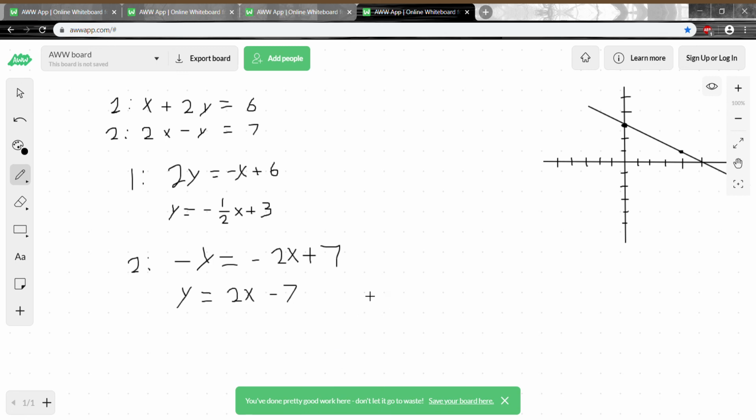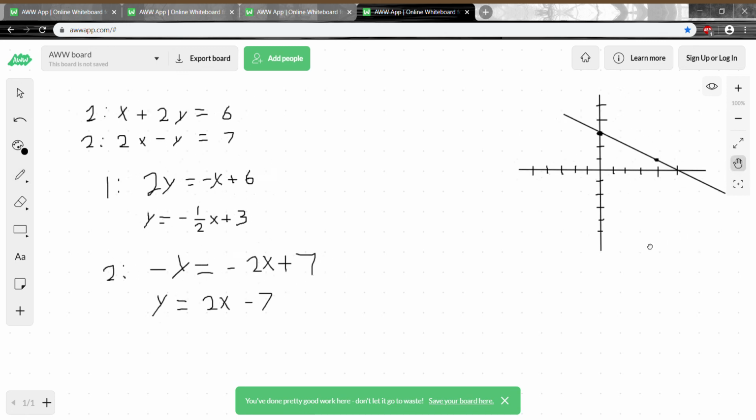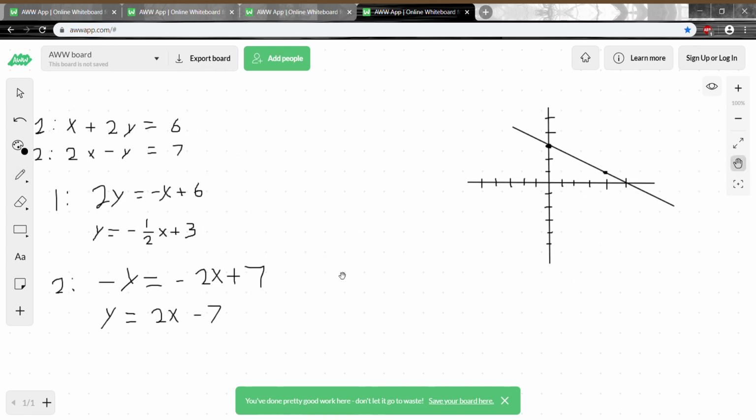So we have a negative y-intercept. That means when x is 0, y is negative 1, 2, 3, 4, 5, 6, 7. Y is going to be down here.